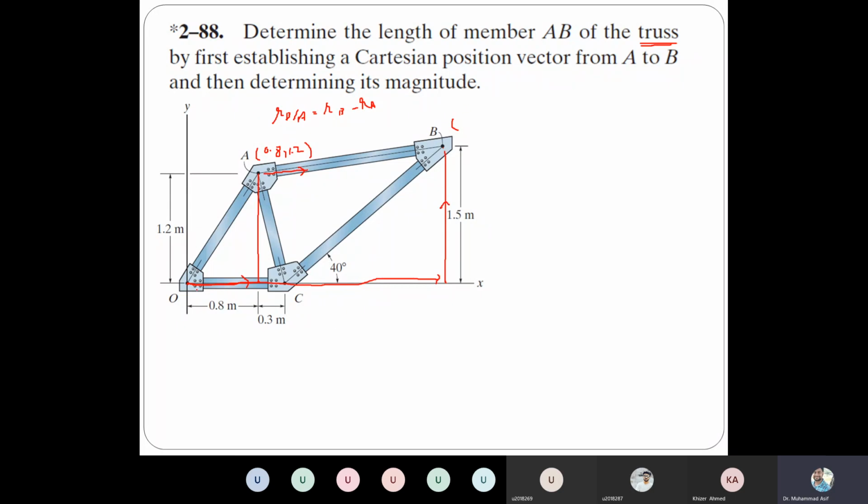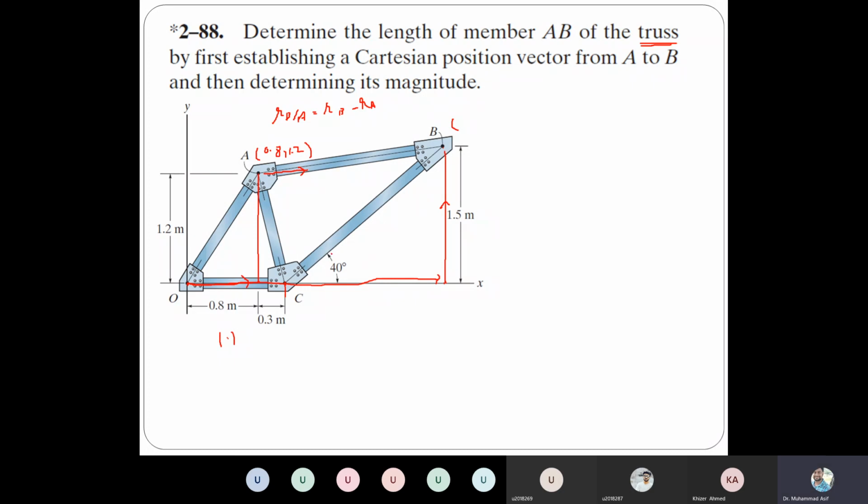From here to here is 0.8 plus 0.3, which is 1.1. So from here to here is 1.1. And then further we need from here to here.